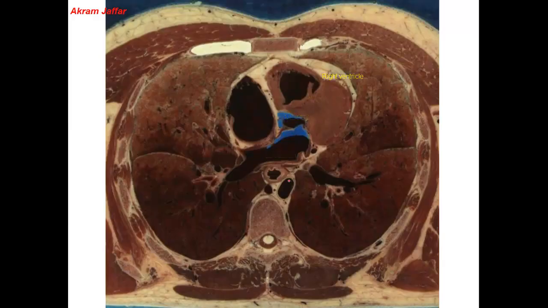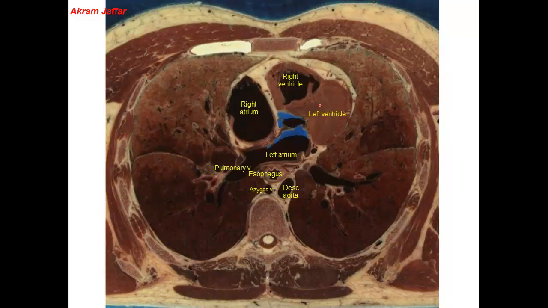In a lower section, we can see the posterior structures in the mediastinum are the descending aorta, the azygous vein, and the esophagus. Anterior to it is the left atrium receiving the pulmonary veins, and this is the right atrium, then the right ventricle, and this is the left ventricle.